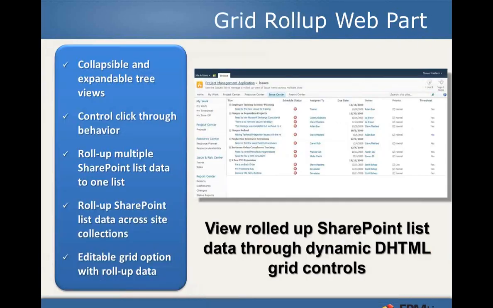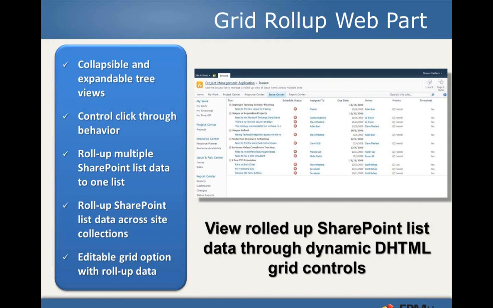EPM Live provides what we call a grid roll-up web part that allows us to take a lot of data from across all of your project workspaces in our solution, and just workspaces in general, and roll up data. So for example, ways that this might be useful is to be able to look at, say, all issues across all projects.